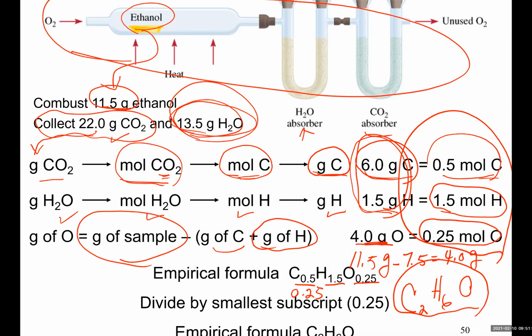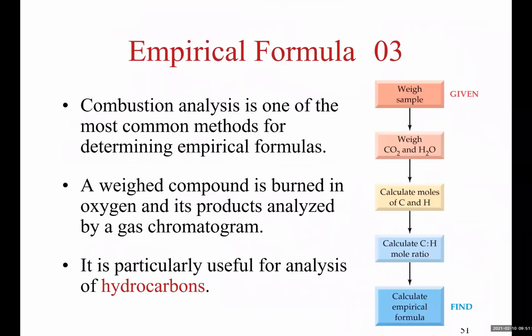And there is one more thing that we do in chemistry to identify the molecular formula. So far, this is the empirical formula. It says for every 2 carbons, there are 6 hydrogens and 1 oxygen. But for the molecular formula, I need one piece of information. So let's review what we did. I started with the weight of the sample.